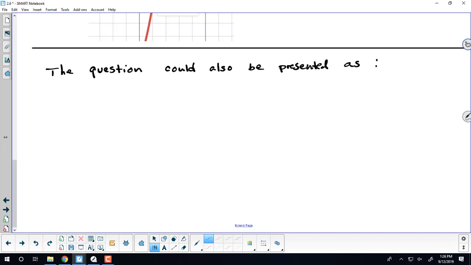It could have asked, when does 4x cubed minus 2 equal 6x squared minus 3x? Or does this function equal this function on [1, 2]? So sometimes they like to mix stuff up. It's not always going to be on one side.